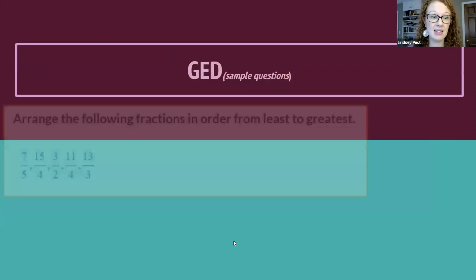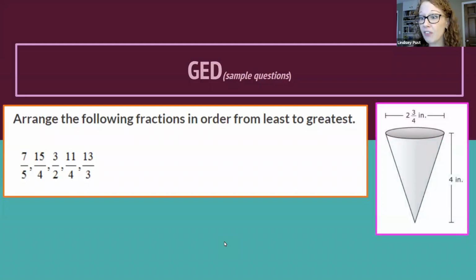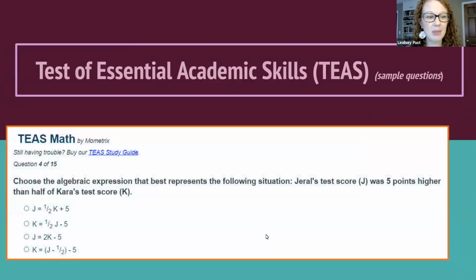On the GED test, being able to put fractions in order from least to greatest that have different denominators. Working with fractions in problems that involve volume or surface area. On the TEAS test, being able to choose an algebraic expression that best represents this situation, and there are fractions within the answer options in these equations.